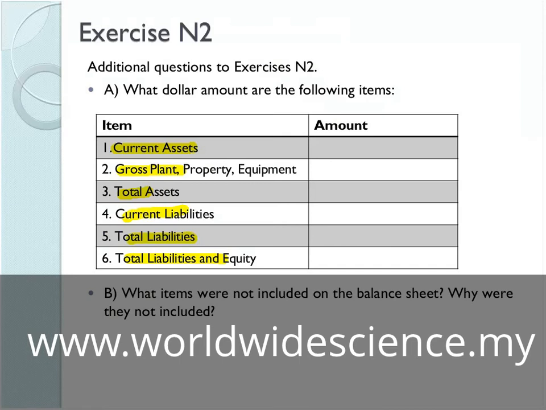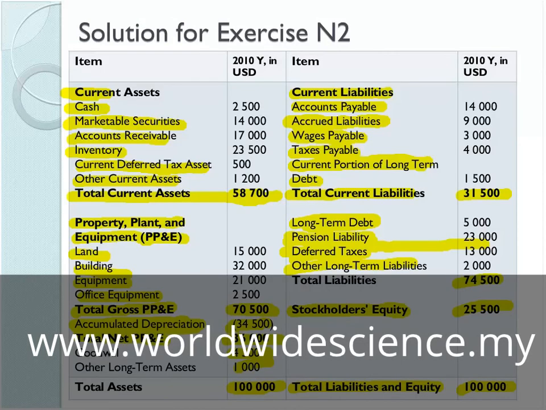Sorry, I have a question from Mr. Akmal, who's asking what goodwill is. Let's see. We have goodwill right here, right? Goodwill is something which has no material attachment, like brands. For example, Starbucks has a brand.